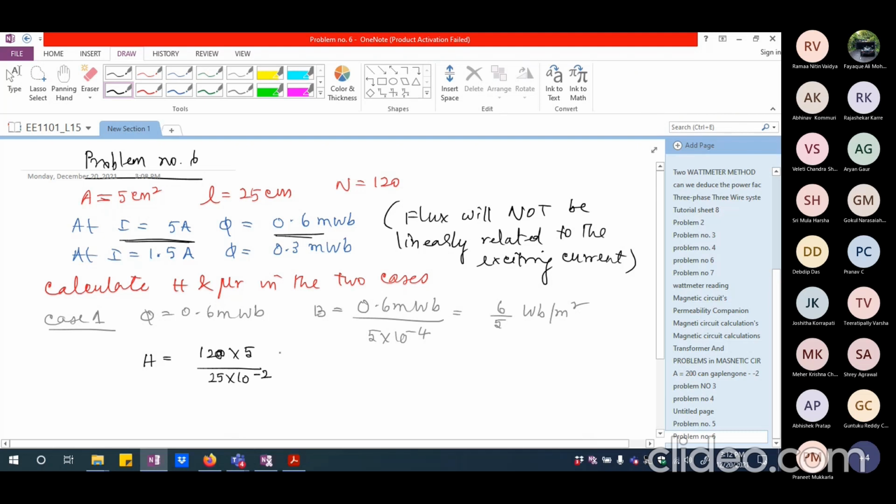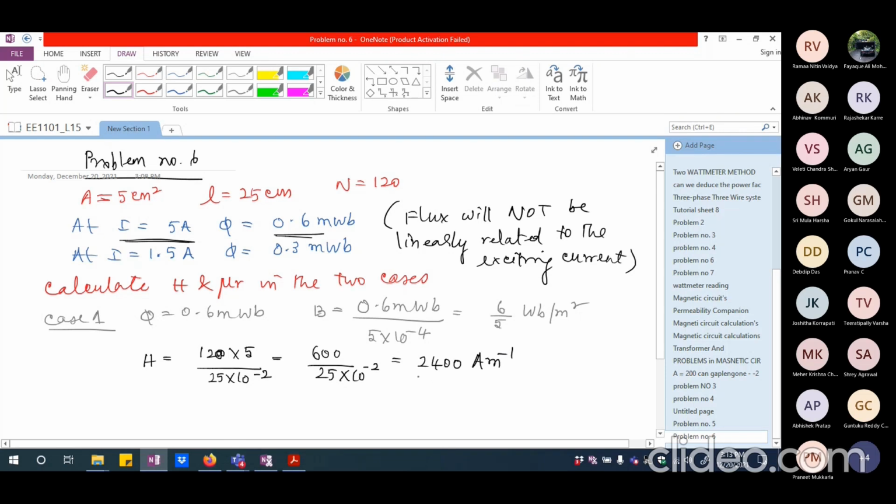So this is 600, right? 12 5s are 60. So we are going to get 600 divided by 25 into 10 power minus 2. Okay. So this is going to give us 600 by 25 is 24, I think. So we are going to get 2400 ampere meter power minus 1.